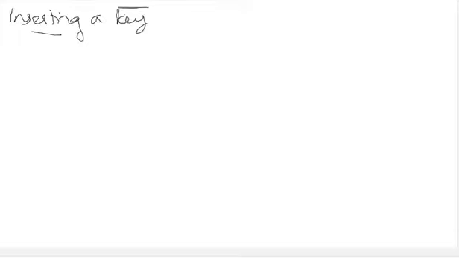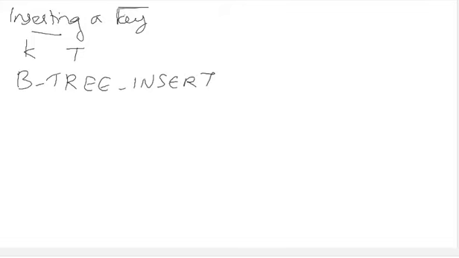So we can insert a key K into a B-tree T, and we know that this should be done in a single pass. We are invoking the B-tree insert procedure, and this procedure calls the procedure B-tree split child.